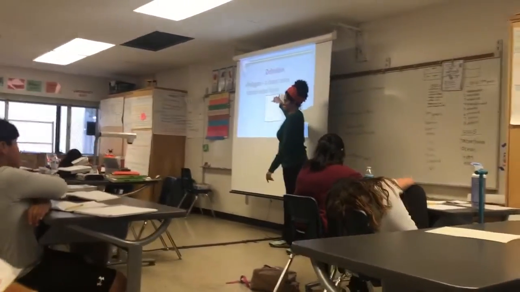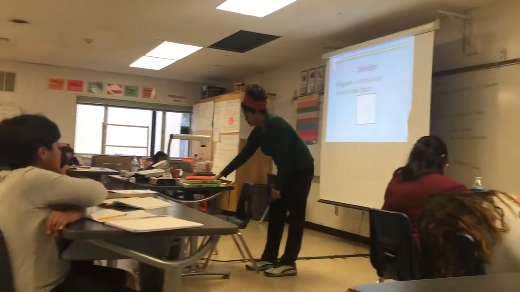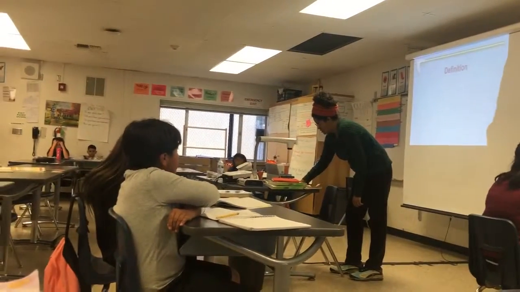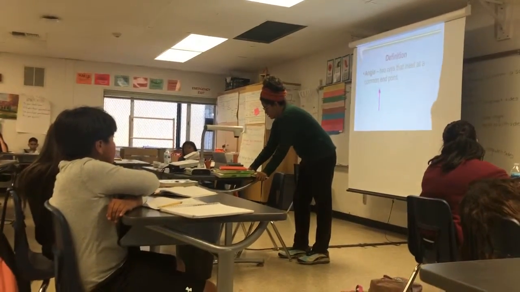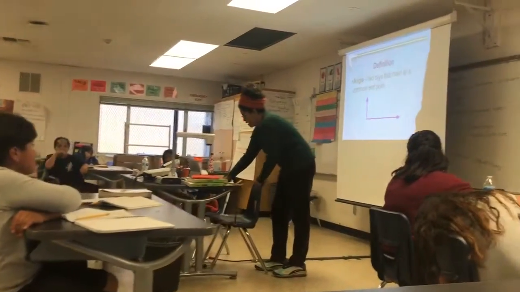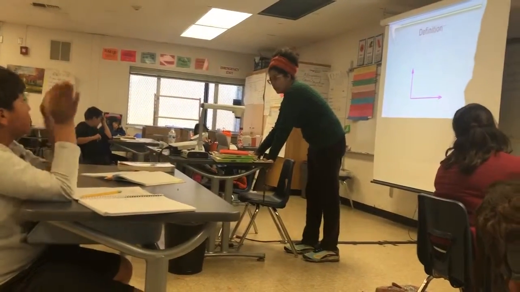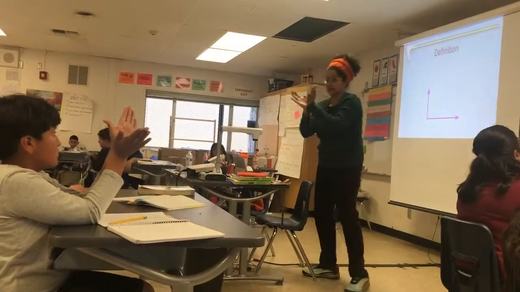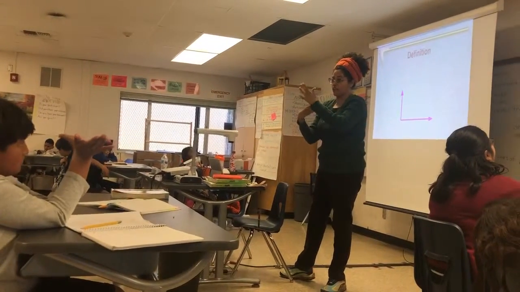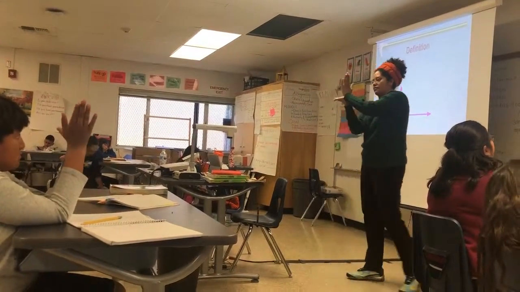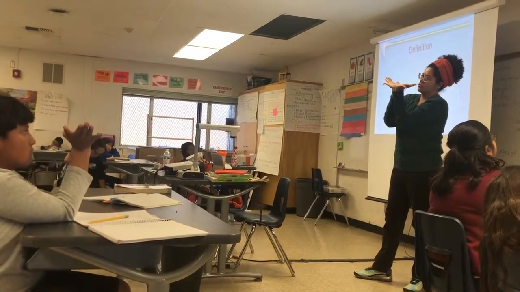This would be the angle here. Okay, a ray and a ray intersect and they make an angle. This is a right angle. It can be like this. So this would be a right angle. This would be obtuse.